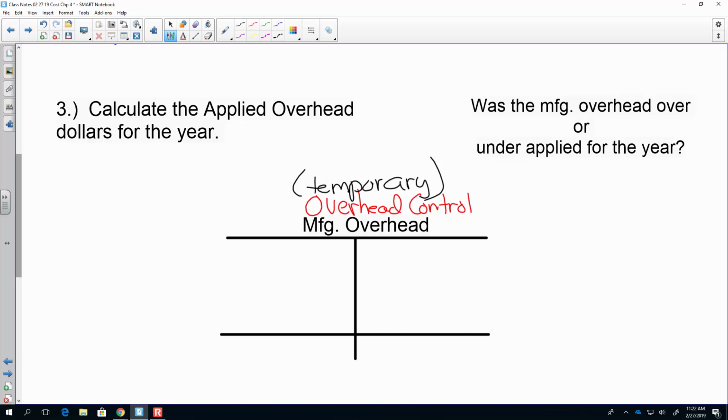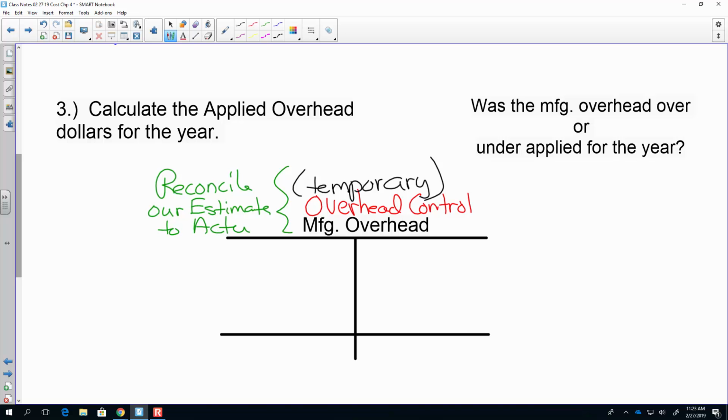So do we ever see it on a statement? No. It's not there. It's like income summary, right? You never see income summary on a statement. It's just there temporarily, holds our information for the year, and at year end, guess what? It becomes 0. So we're going to use this temporary account to reconcile our estimate to actual.